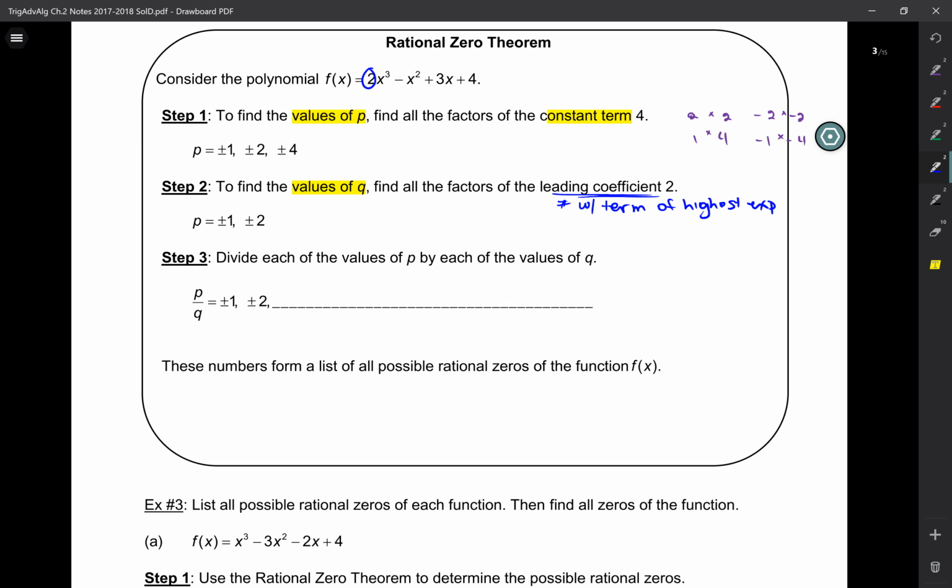So here's how I do this. I take the first of the P's and the first of the Q's. Oh, look, I copied and pasted. This should say Q. So the first of the P's and the first of the Q's, and I do 1 over 1. Now I do 1 over 2.